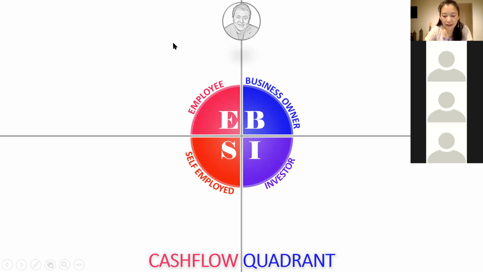Let's get started. The first quadrant, as you can see here, we've got E, S, B, and I. E stands for employee, which a lot of us are part of. How many of you on this chat are an employee right now, where you have a job? You can just type in the letter E so we can share with one another.